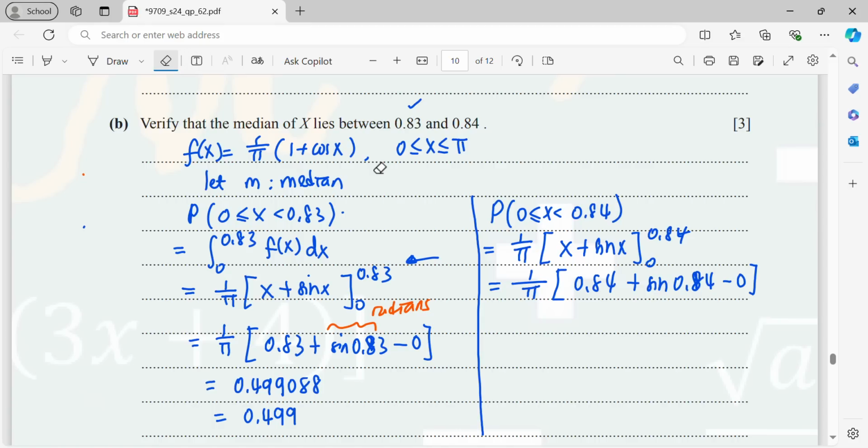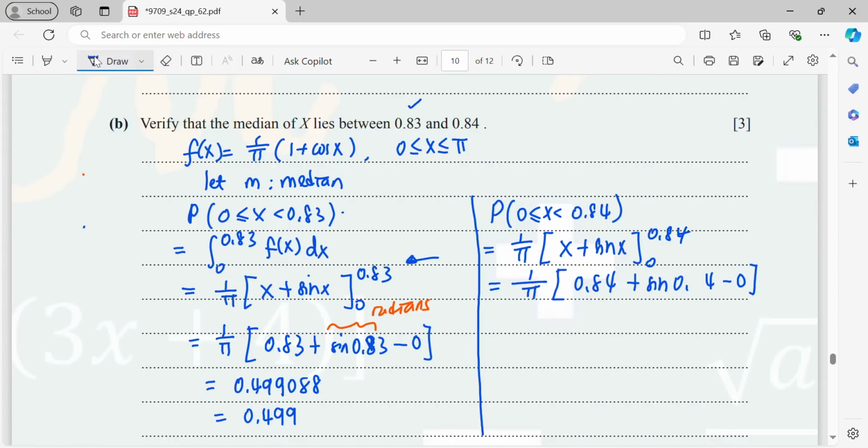So from here, you will be getting the answer of 0.5044076. Okay, then now I round up to 3 significant figures, that is 0.504.